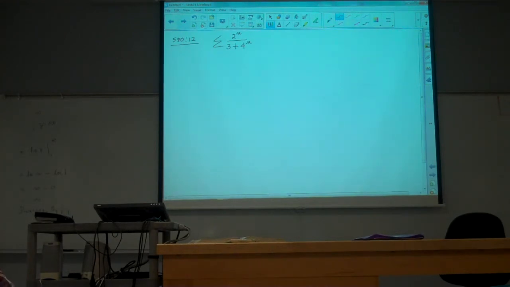We're guessing now, so it doesn't matter. Ed, does it converge or diverge? It converges. I agree. Beth, would you have said it converges? Let's pretend for a minute the 1's not there. Isn't 2 to the n divided by 4 to the n 1 over 2 to the n? Is that correct? And you can show that that converges, can't you? Agreed? Okay, so that's what I'm going to do.